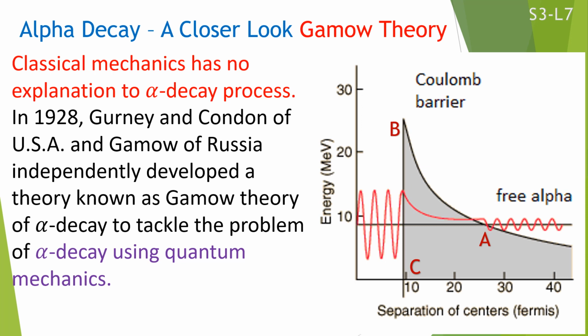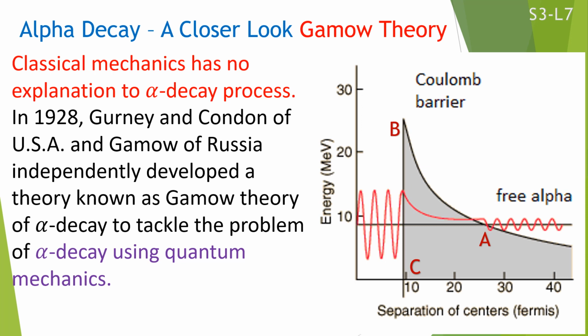This interaction between the nucleus and the alpha particle can be represented pictorially by the potential energy curve, as shown in the diagram on the right side of your screen.